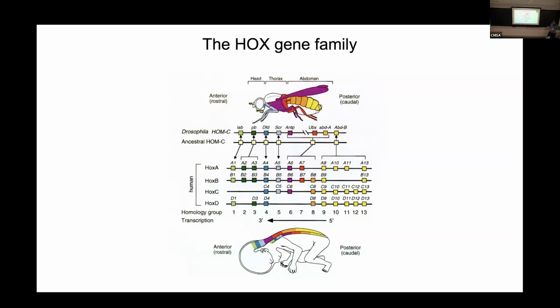What is very remarkable for this family is that they show a property called collinearity, which means that their distribution along the chromosomes reflects the position of their expression domain along the anterior-posterior axis of the embryo. So you have a sort of mapping of the anterior-posterior axis of the embryo at the level of the chromosome.